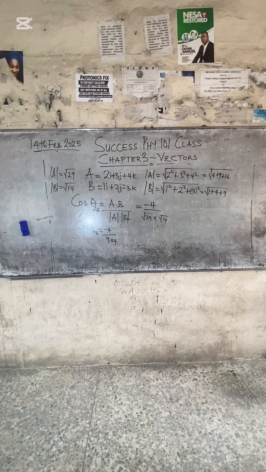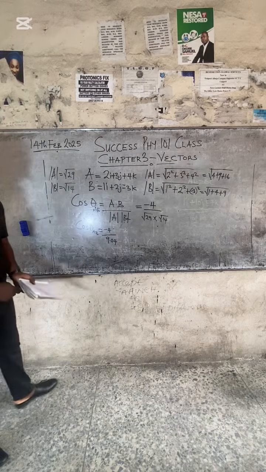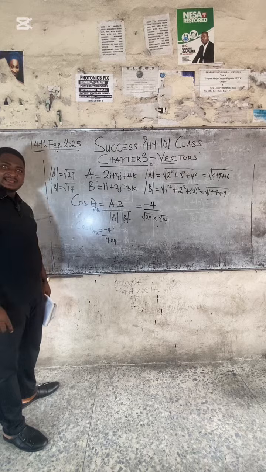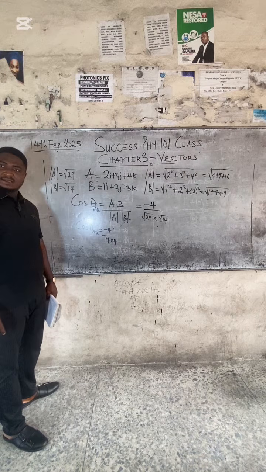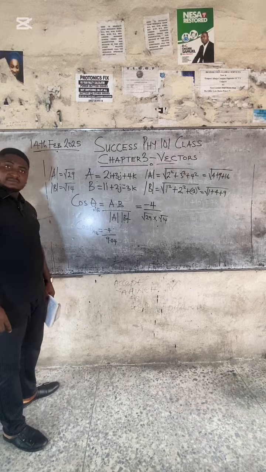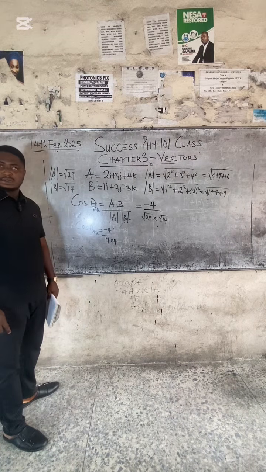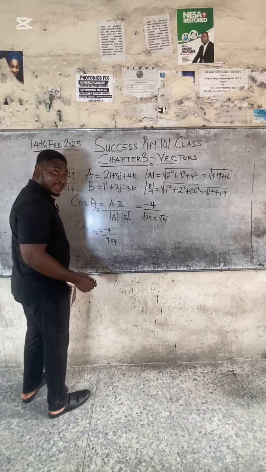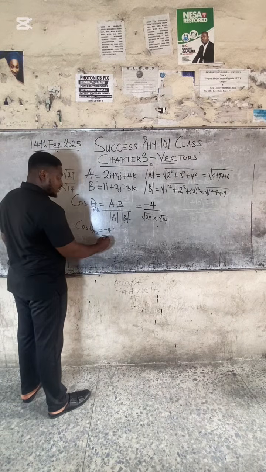Class, please help us. What's taking so much time? Square root of 29. What's square root of 29 now, class? Square root of 29, 5 point what?